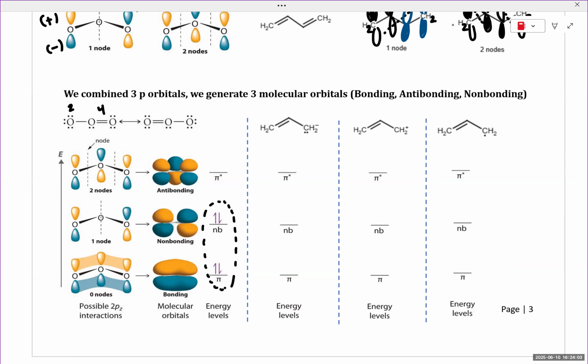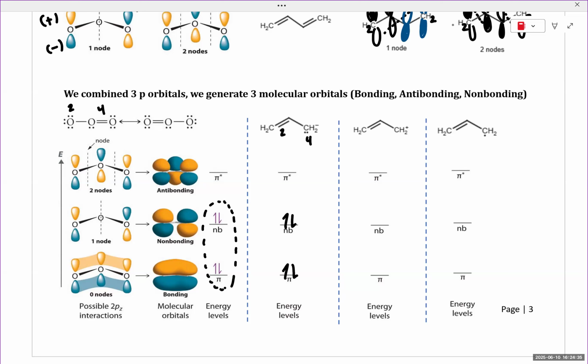Let's repeat this process, and this time we're going to look at the allyl anion. Here we see we have 4 pi electrons, 2 from the pi bond, another 2 from the lone pair. So if we're filling this diagram, we'd fill it with 4 electrons. As you can see, the highest energy occupied molecular orbital has electron density in the non-bonding molecular orbital.